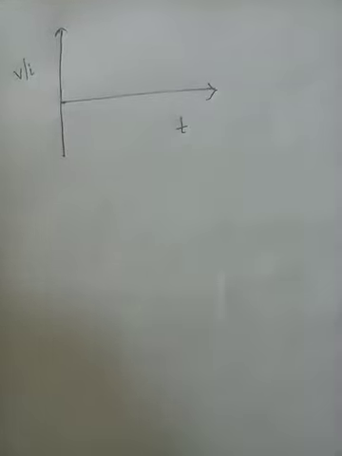Now, let us represent the variation of voltage and current in a graphical wave. As you know, this is time, and here we are considering voltage as well as current in the same graph. Now, V is varying as a sinusoidal wave.